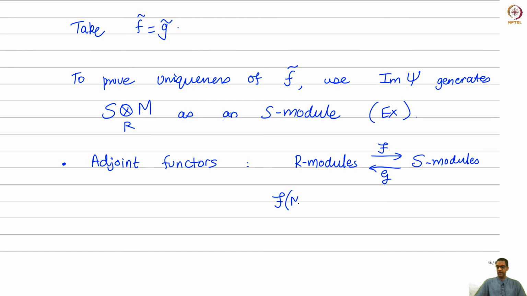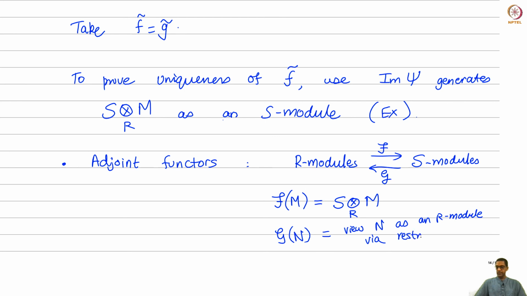F takes a module N and sends it to this. This is what it does to objects. You have to similarly define it on arrows. And the other side, G is the restriction functor. G of N is you just view N as an R module.